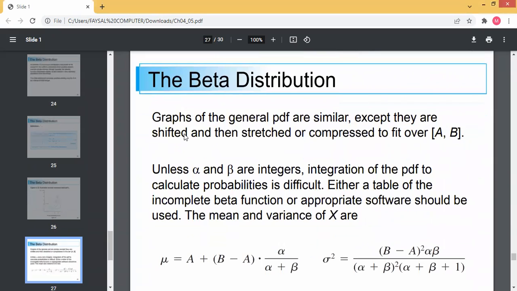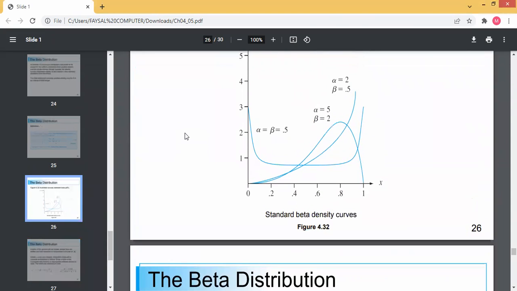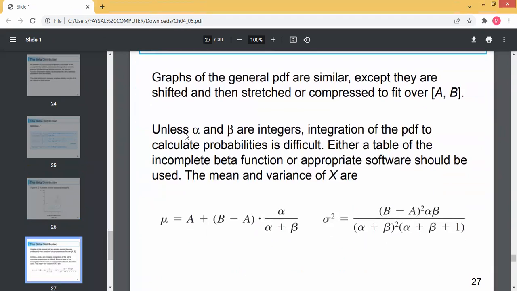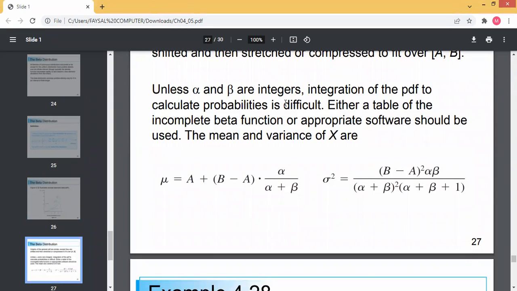The graphs basically give a stretched or compressed shape to fit the interval, which may be A, B, C, D or something else. Unless alpha and beta are integers, integration of the PDF to calculate probabilities is difficult. Either a table of the incomplete beta function or appropriate software should be used.